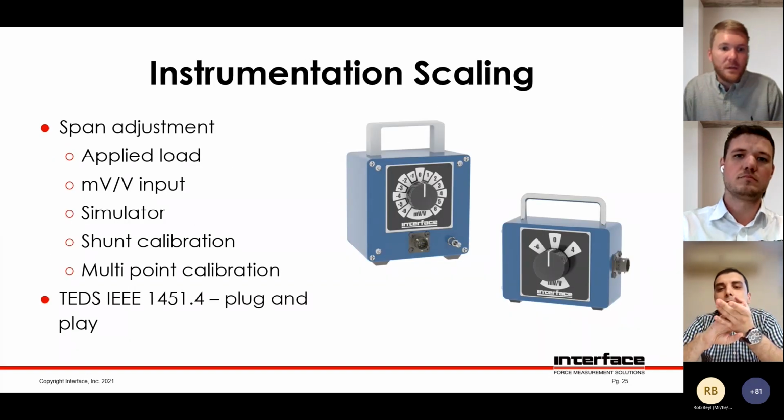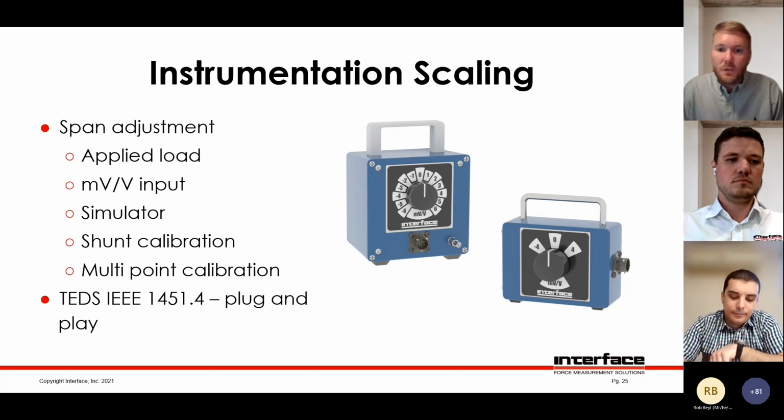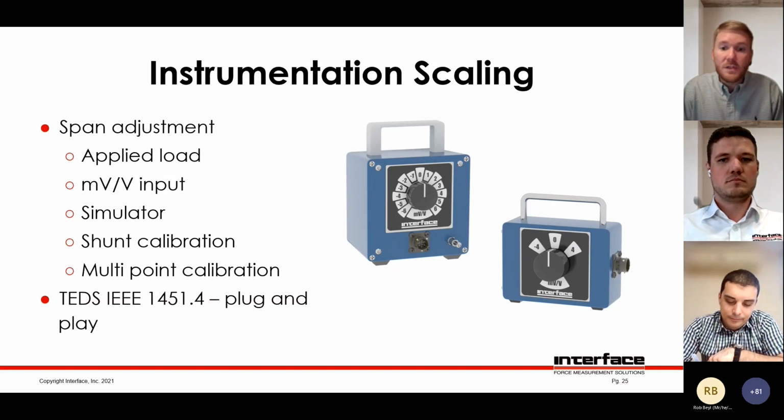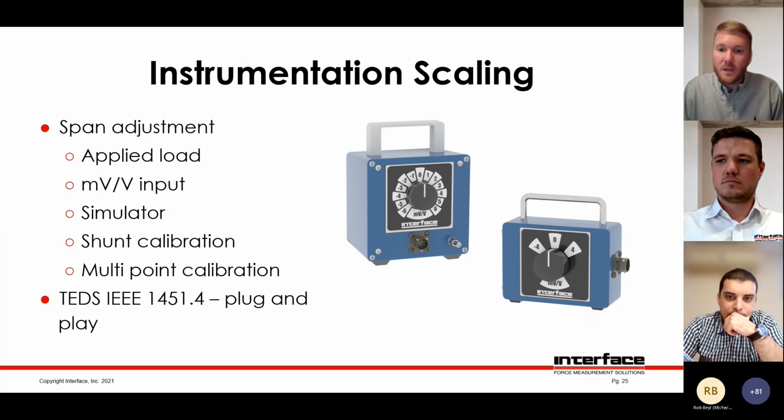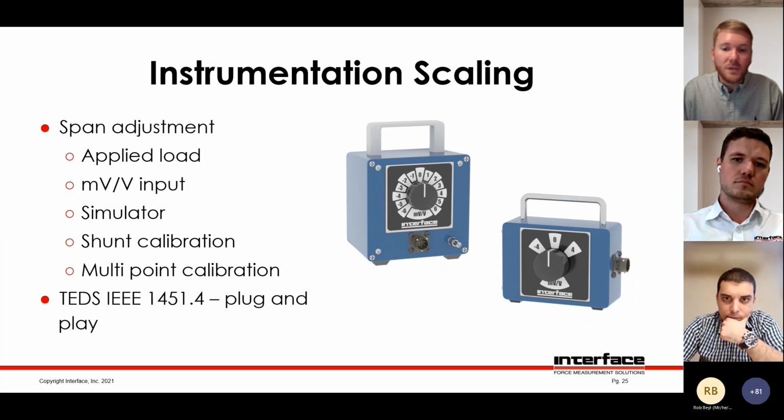Instrumentation scaling. So the measurement is only as good as your instrument. You can adjust your instrument if it is not reading correctly. So how do you adjust the instrument? You can apply a load to the load cell when it is attached to the instrument to scale the load cell accordingly. You can also use a millivolt per volt output that is listed on the calibration certificate.